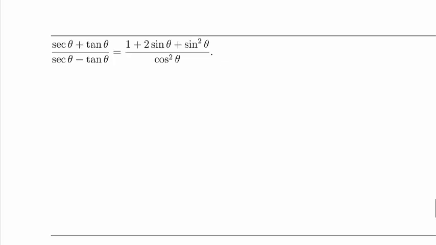So a quick thing that we see on the right hand side is this quantity right here. Well, that quantity is one of the algebraic identities that we looked at the beginning of the handout. And so this is 1 plus sine theta quantity squared.